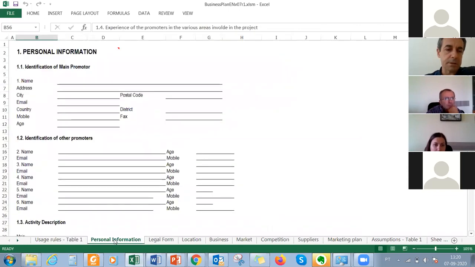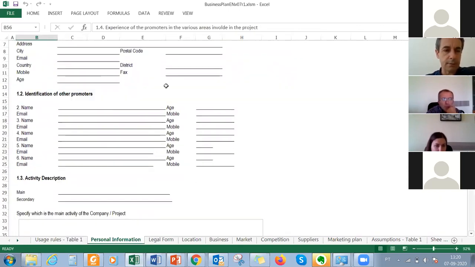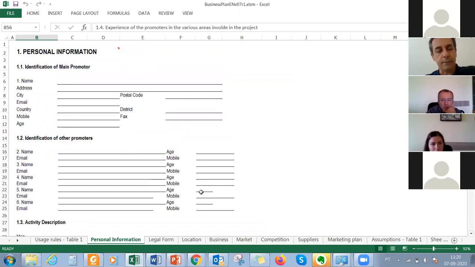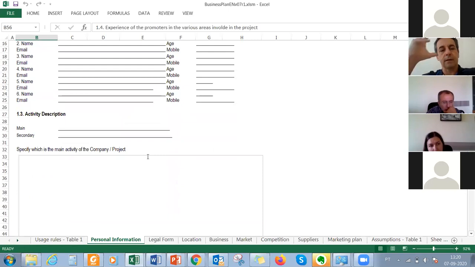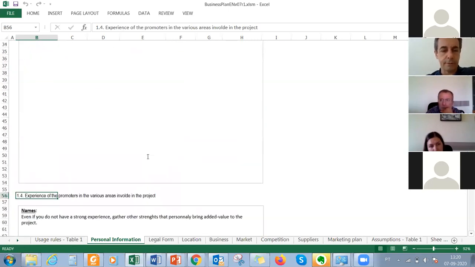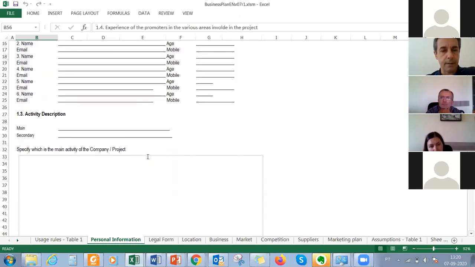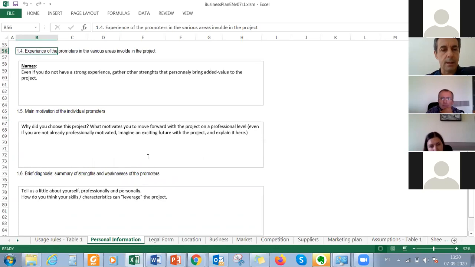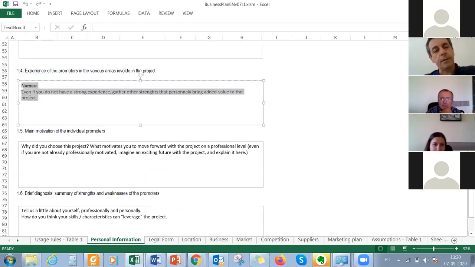There's some personal information, not too relevant, but maybe interesting for identification of the students, or for specifying the main area of activity for the course, for the business. Maybe the profiles of the different promoters.